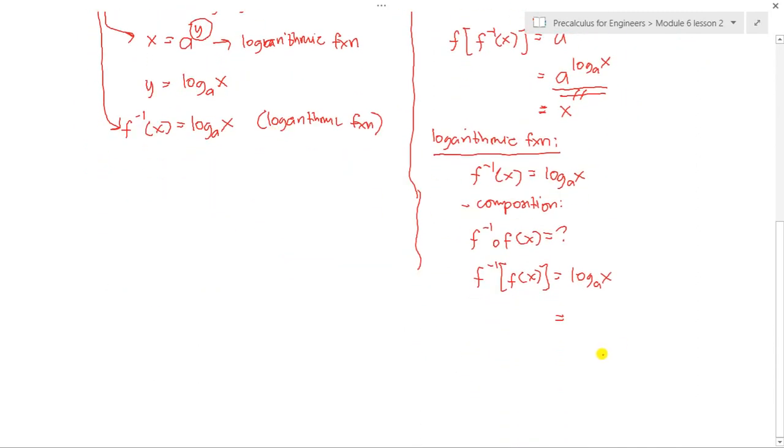That would be equal to log of a to the power of x with the base a. And then, what is this log of a to the power of x with base a?